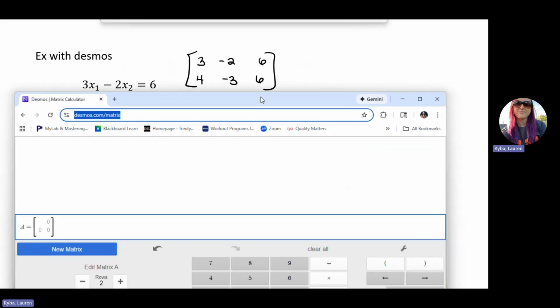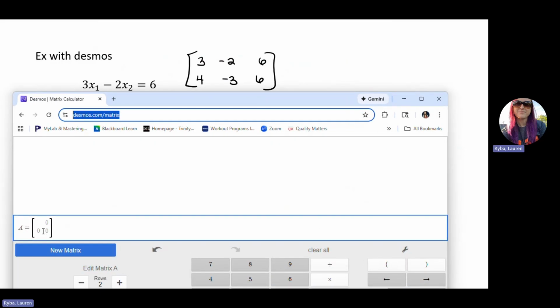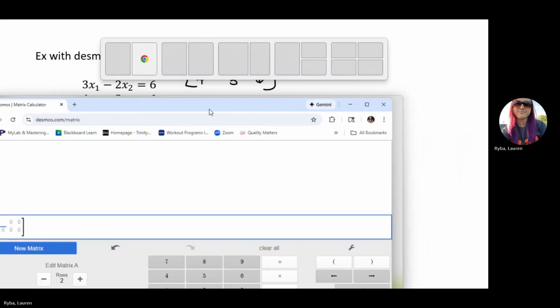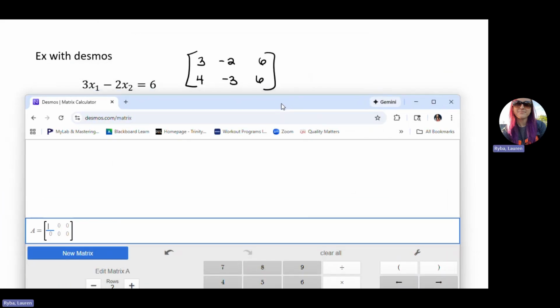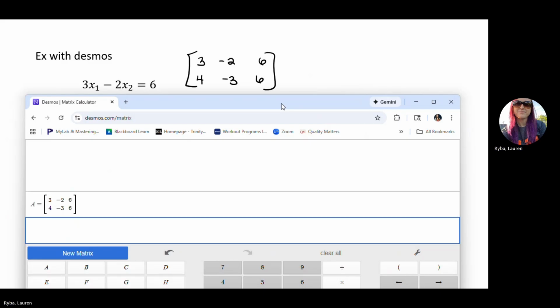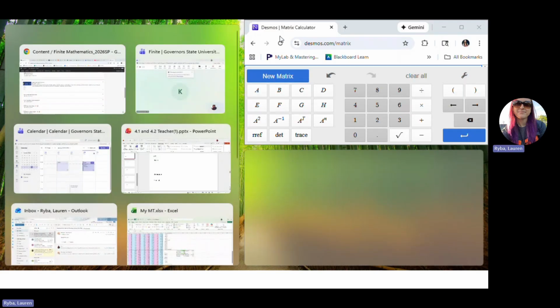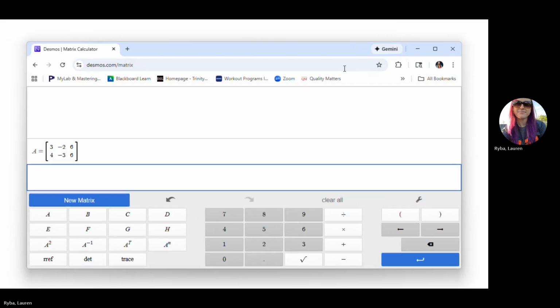Now, if you look right now, my matrix is set up as 2 by 2, but I need 3 columns. So I'm going to add a column here, and now it matches. All right, so then I'm just going to do 3, tab, -2, tab, 6, tab, 4, tab, -3, tab, 6. So that's my matrix.